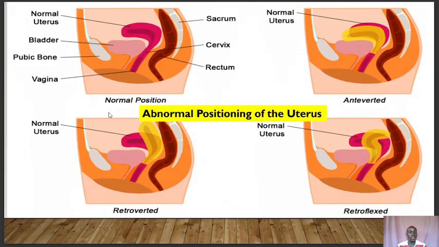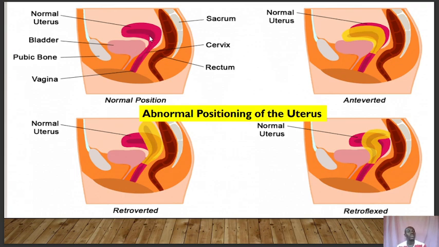Okay, guys. So in our diagram, we have the normal position, we have the anteverted, we have the retroverted, we have the retroflexed. In a normal position, you can see our uterus. It is not anterior to the bladder, but it is posterior to the bladder.